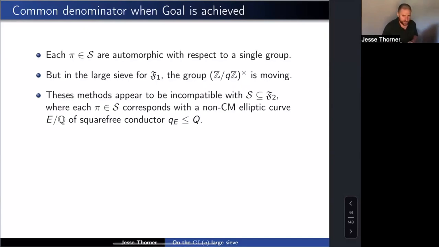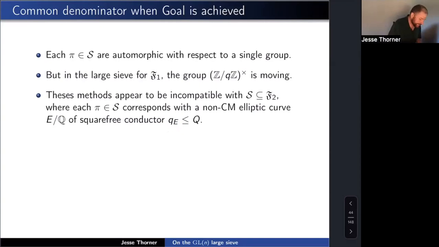So in the simplest example that I can think of at least, one can consider the family of GL2 automorphic forms corresponding with non-CM elliptic curves, by modularity, with square-free conductor going up to big Q. So with this, you're looking at several subfamilies transforming under gamma naught of the conductor of the elliptic curve.